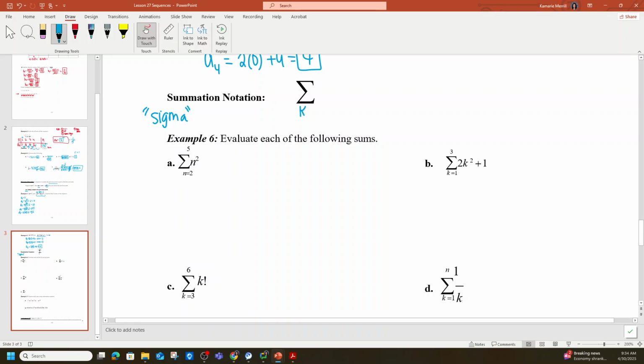But we're going to have a k equals 1. We're usually going to put n there. And then your rule is going to go here. We use a k when it's in sigma notation because we go to the nth term. Okay? So this is the nth term, or the rule that your equation follows.